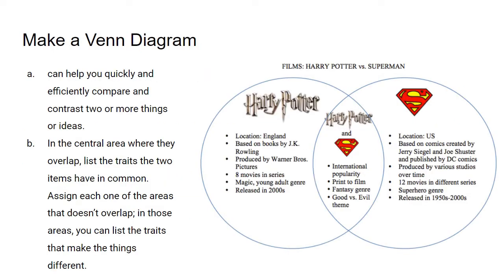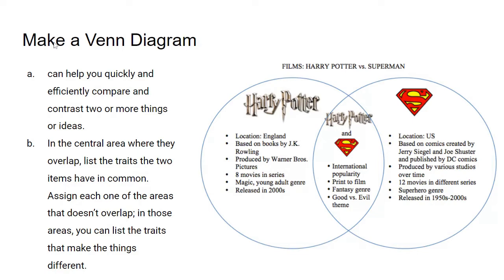So how do you start this? The easiest way is to do a Venn diagram. You can see one here, Harry Potter and Superman. Immediately it will quickly show you that Harry Potter is from England, Superman is from the US. So you can quickly and efficiently compare and contrast things. In the center, the overlapping of the circles, are the similar ideas.